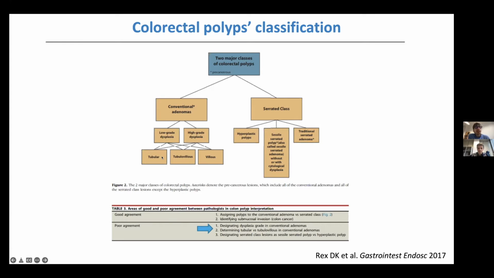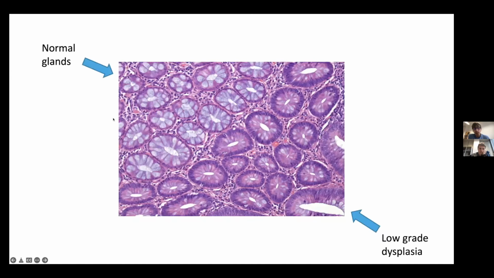And then we also have stratification based on the architecture of these lesions between tubular, tubulovillous, and villous adenomas. So we also selected these settings because this kind of diagnosis is just based on morphological features. So it's a task which could be effectively tackled by image analysis and deep learning analysis.